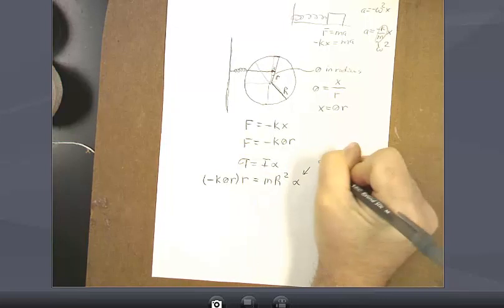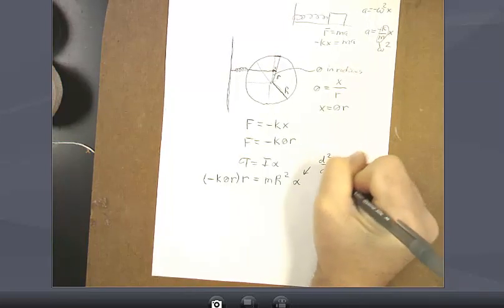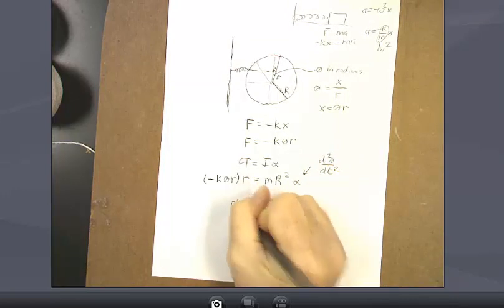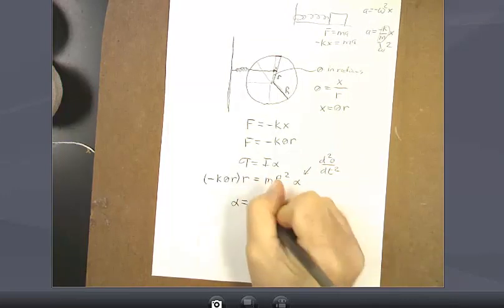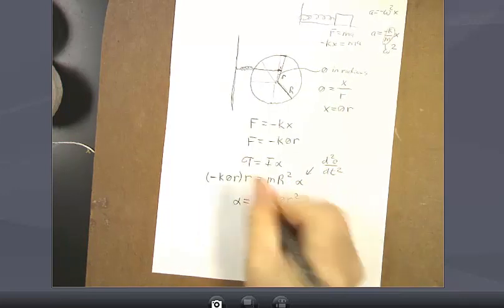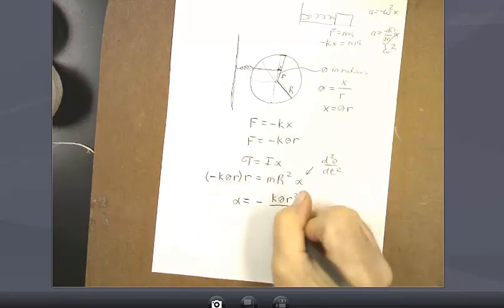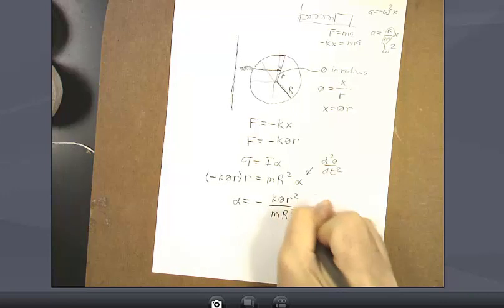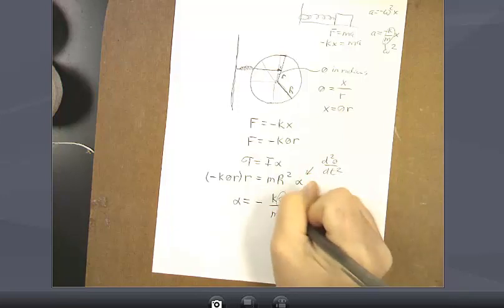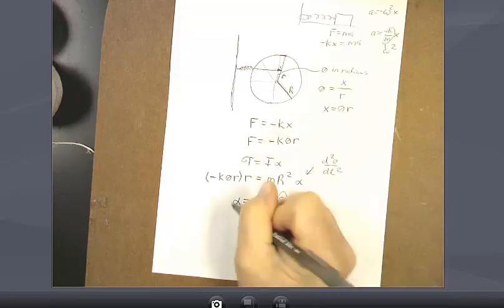And if you want to be fancy, you can call it d squared theta dt squared. Or we can just solve for alpha and say alpha is equal to negative k theta r squared, r times r, over m R squared. Now, theta is the distance from equilibrium.